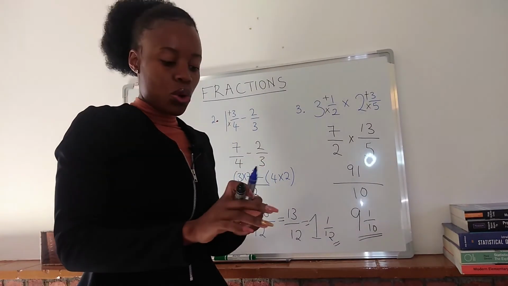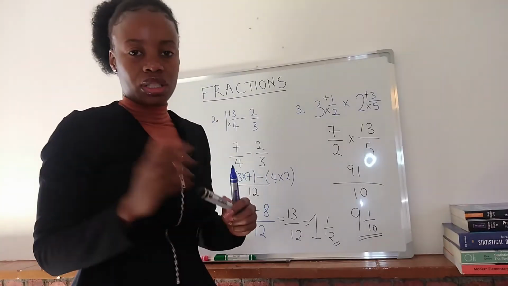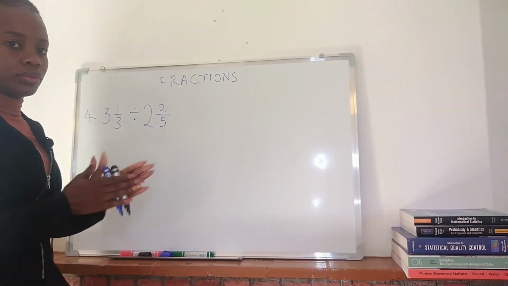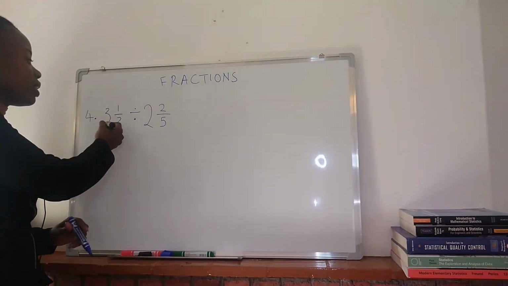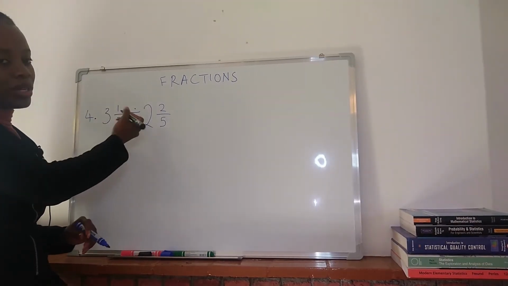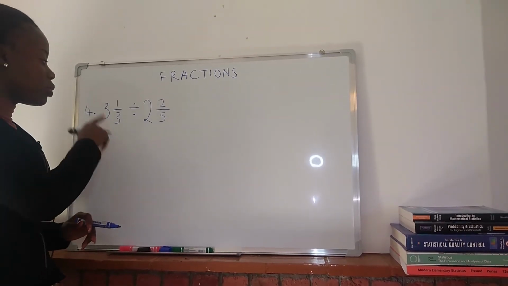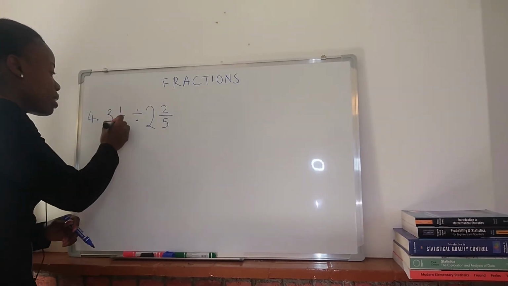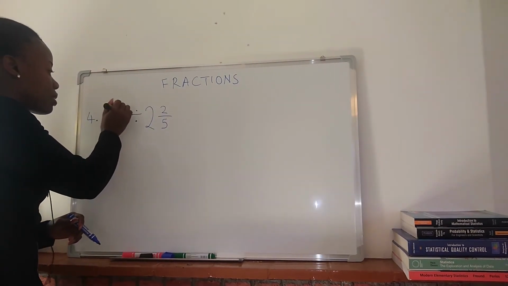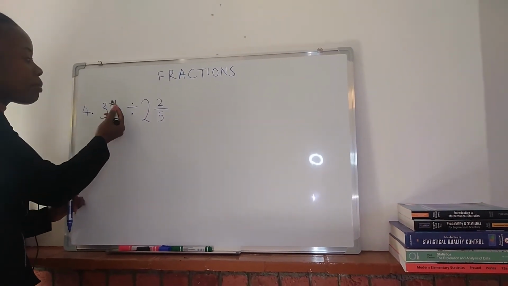Now let's do number 4, which deals with division. So number 4, we have 3 and 1 over 3 divided by 2 and 2 over 5. So the first step, you change them into improper fractions. So 3 times 3 plus 1, okay? 3 times 3 is 9, 9 plus 1 is 10.